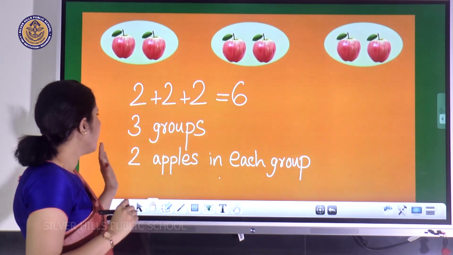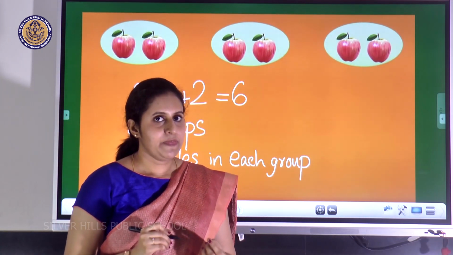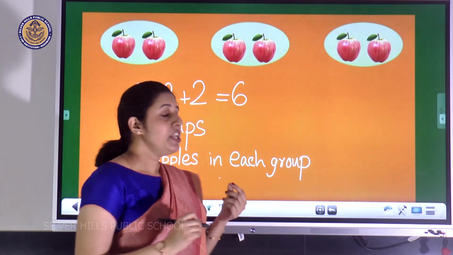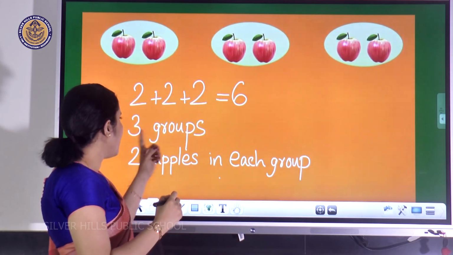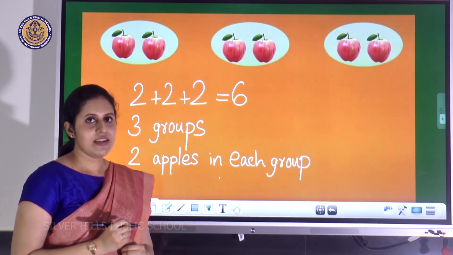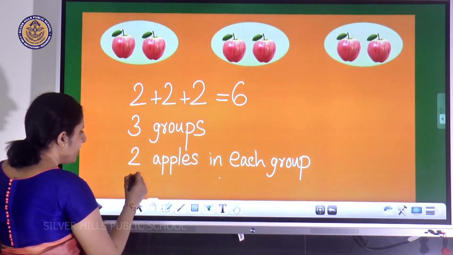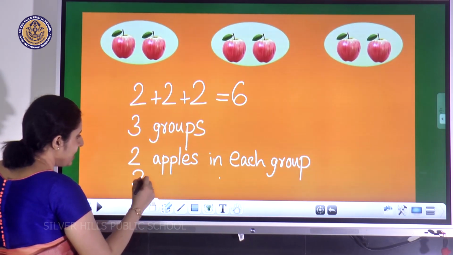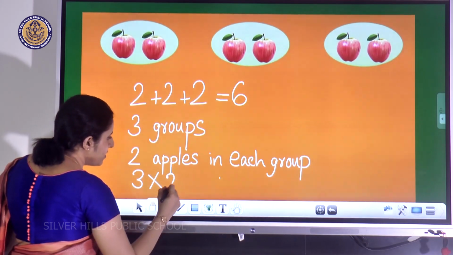Now, I am going to introduce a new symbol here. Since there are 3 groups and in each group there are 2 apples, you write it like this: 3 times 2.